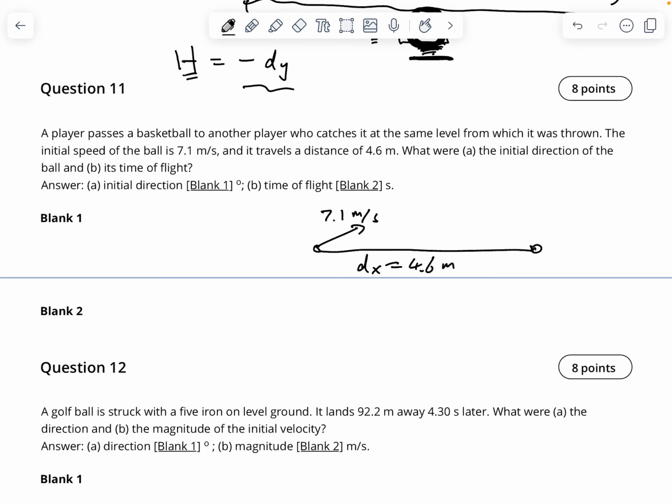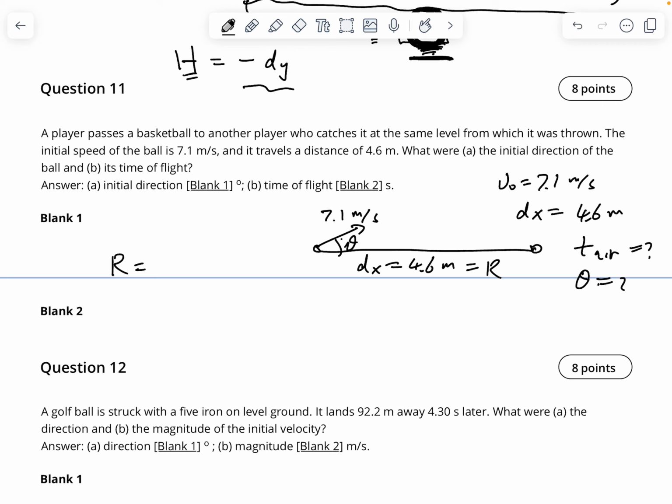So basically what you know here is this. You don't know the angle, and you know v naught equals 7.1 meters per second, and you know dx equals 4.6 meters. They ask you about the time in air and the angle. So we use the equation for displacement, which is the range.